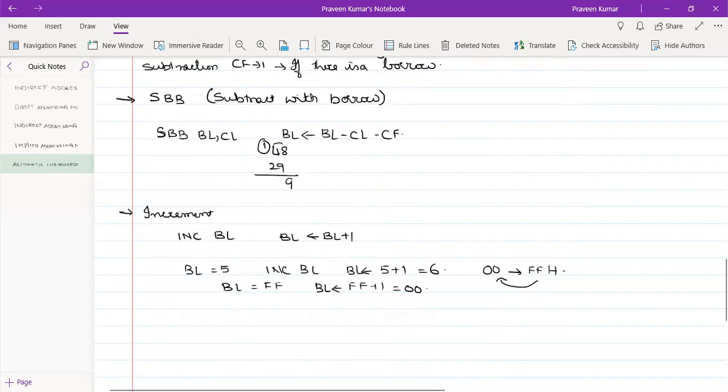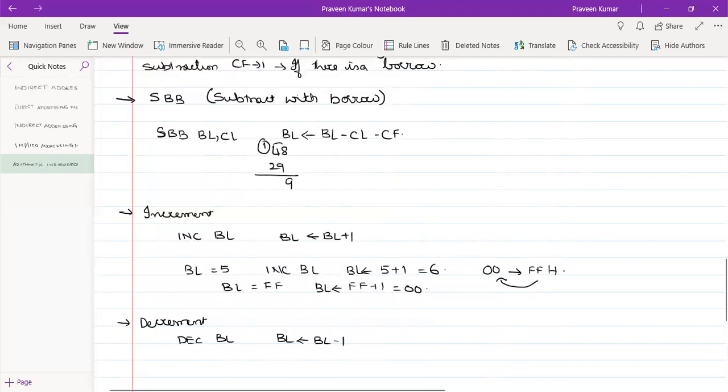The next instruction we'll be looking at is decrement. What is decrement? DEC BL. BL will get the value BL minus 1.